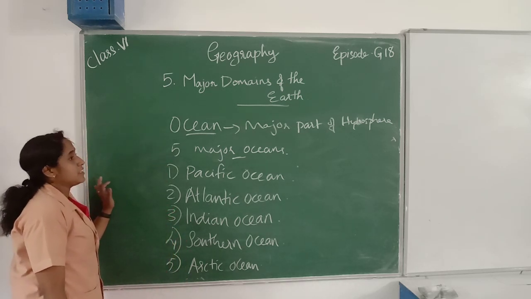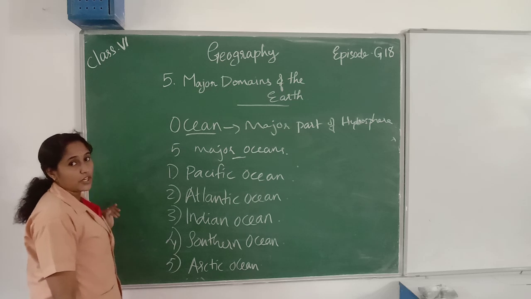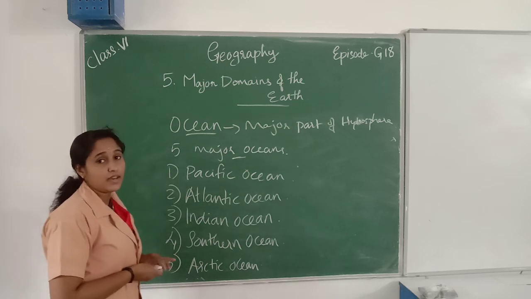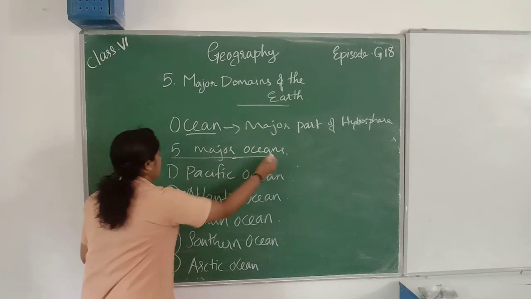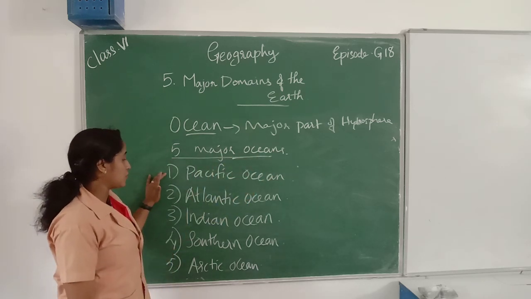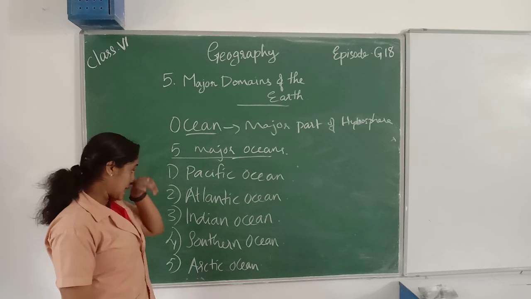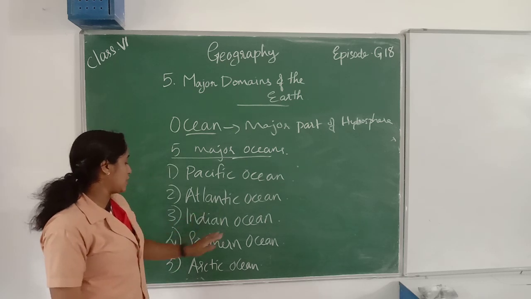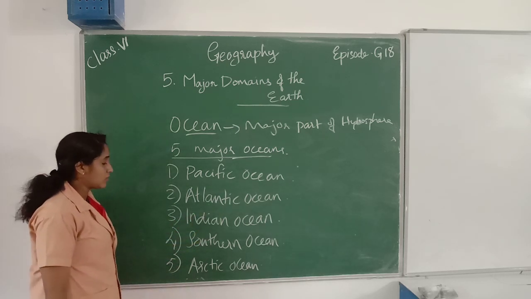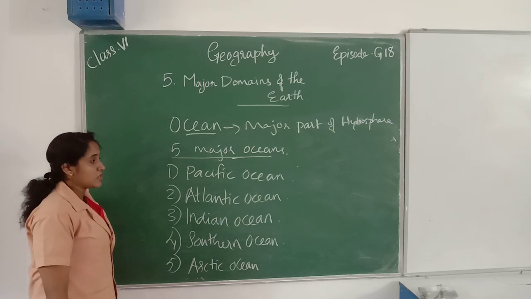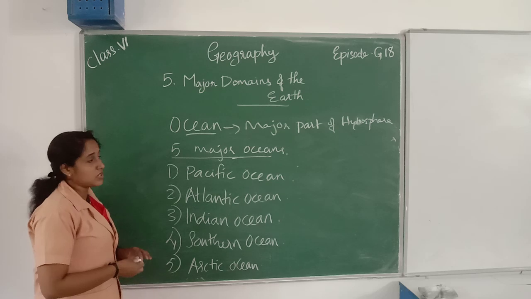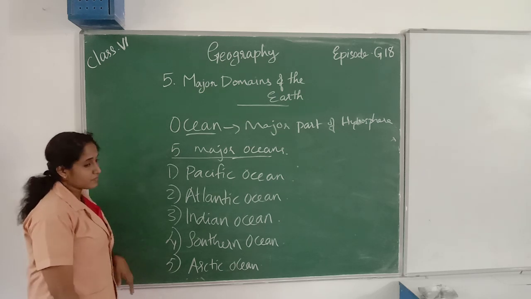Oceans are the major part of the hydrosphere. The huge water bodies are called oceans, which are the 5 major oceans: the Pacific Ocean, Atlantic Ocean, Indian Ocean, Southern Ocean, and last, the Arctic Ocean. Clear?